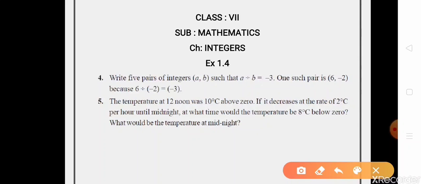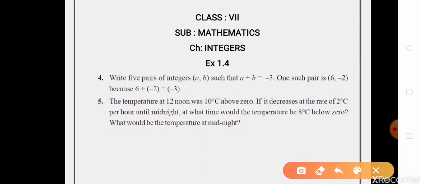So how are you going to do this? First of all, write down all the information that has been given to you. Now see, if it is decreasing at the rate of -2, you have to find out the time at which it will reach -8. So very simple, you can simply divide -8 degrees Celsius by -2.